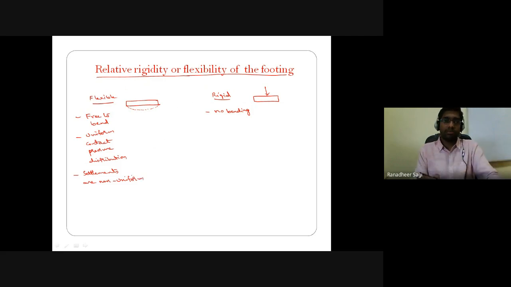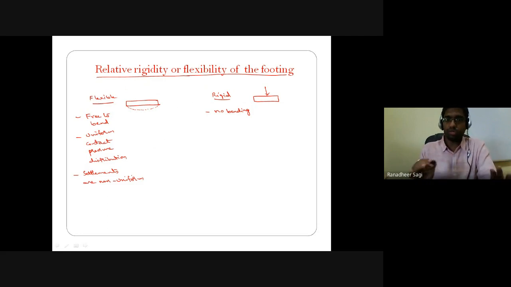See, there is a relation between your contact pressure distribution and settlements. Whenever the settlements are non-uniform, the contact pressure distribution is what we get as uniform. And whenever your settlements are uniform, in the sense it is the same throughout, then your contact pressure distribution is going to be non-uniform. Okay, this is something you should understand.